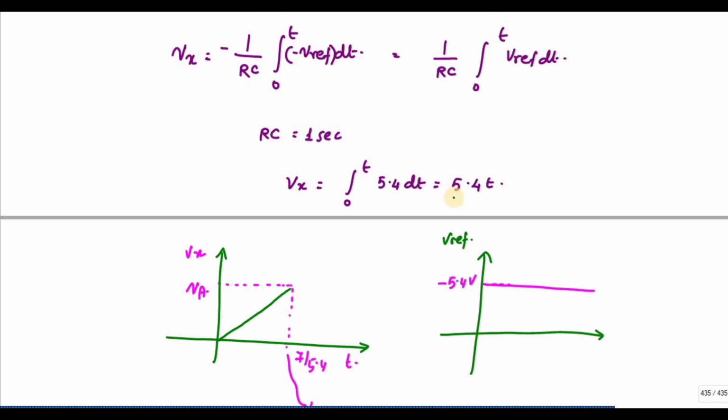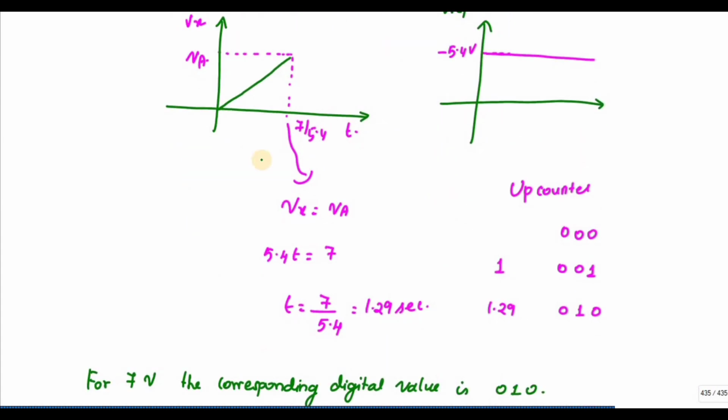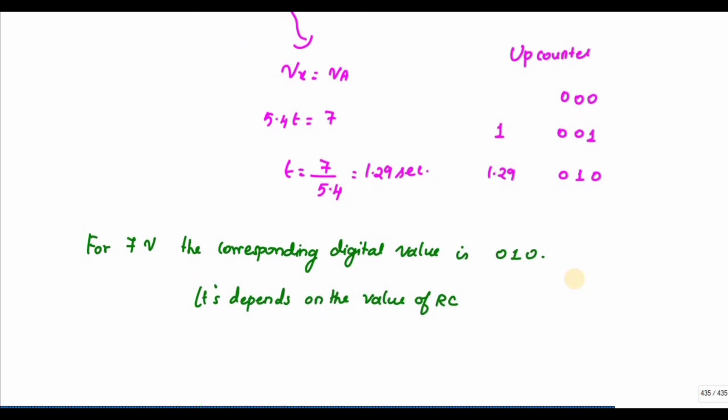You will get this divided by 2, so the time is twice this value, and the digital output also gets changed. So here the analog to digital conversion is based on the value of RC.